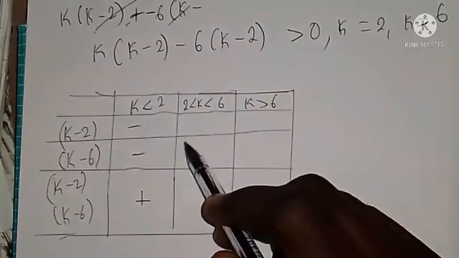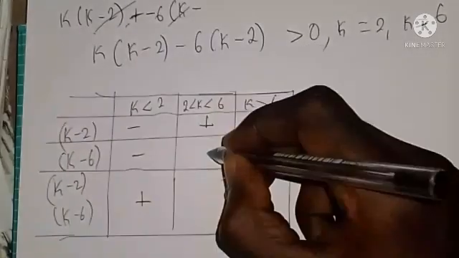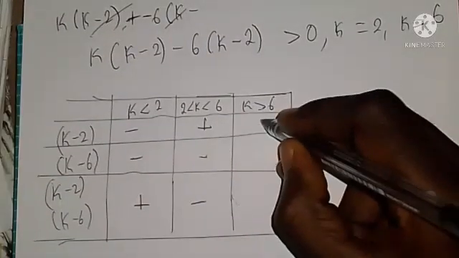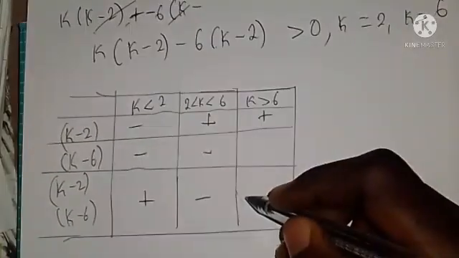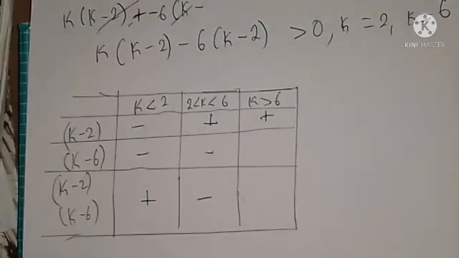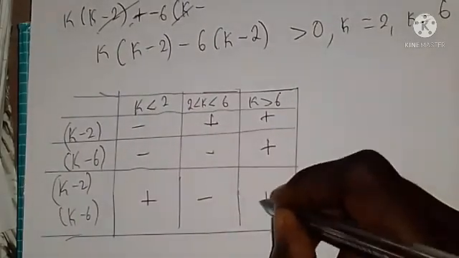And here, for a number between 2 and 6, we can deal with 4, it gives a positive, negative, negative. And again here, we're going to have a positive, because 7 minus 2 or 8 minus 2 is going to be a positive value, depending on the value which you're going to choose for k greater than 6. Here too, we're going to have a positive value, a positive value.